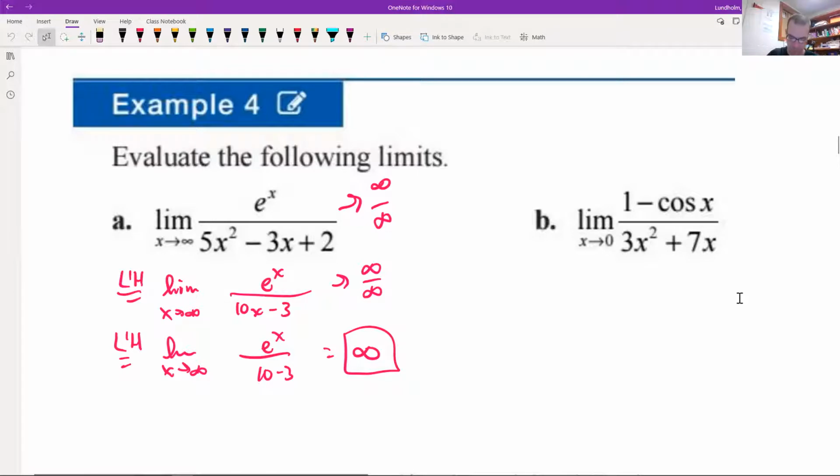For the next one, if we plug in 0, we get 1 minus 1 on top and 0 on bottom. So this one goes to 0 over 0, and we're going to do L'Hopital's rule.